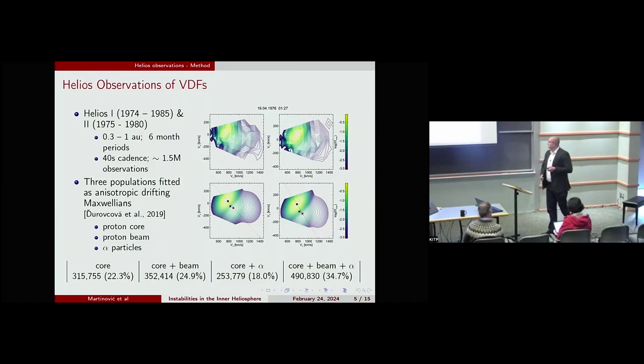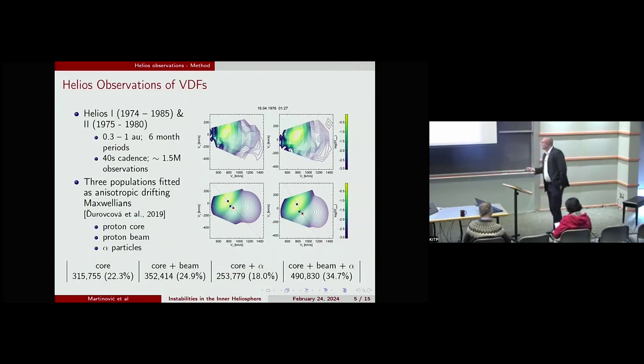And then, because of the way the instrument works, you're measuring in E over Q, so energy over charge. And what happens is that naturally these alphas get shifted as you sample them, even though in reality they are not. And therefore that's the reason we can actually distinguish the alphas from protons, even when they are not drifted in the real world.